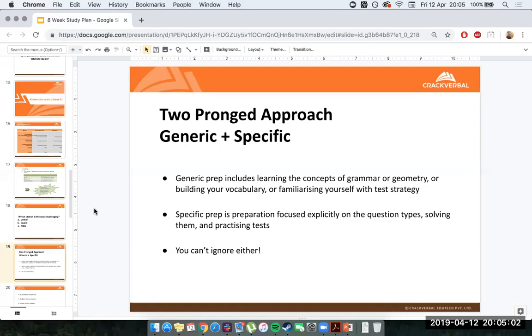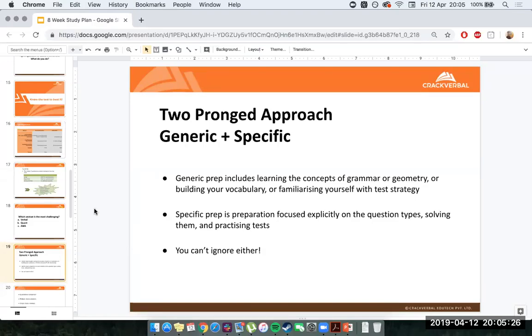It's not actually going to be the case that, if your vocab is really good, you will automatically do well. But you do need to have the tool of a strong vocab in order to help you answer the questions, right? It's not like if you just have an abstract knowledge of geometry, you're going to be perfect at answering all of the geometry questions.